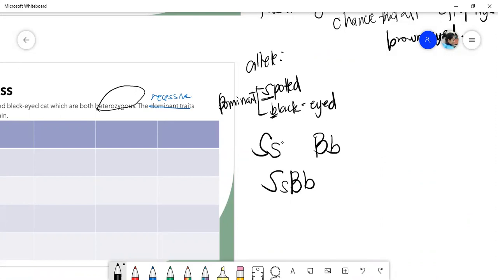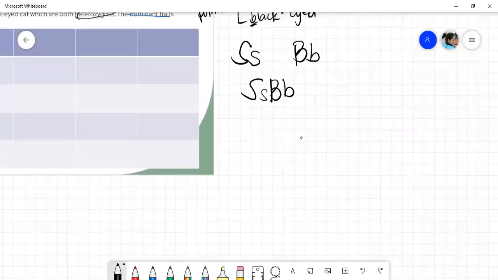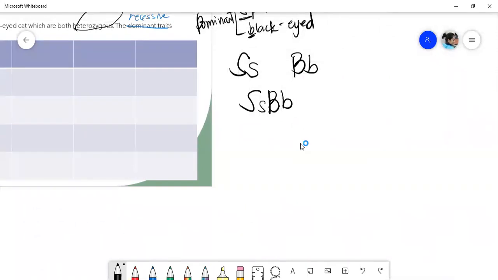So, using the FOIL method, we can easily say that you cross this one, so SB. We have SB, and then another SB.